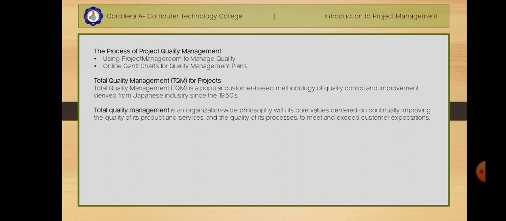This TQM is a popular customer-based methodology of quality control and improvement derived from the Japanese industry since the 1950s. That's why I think you have a subject on TQM, you BISOA students. Yes, total quality management.